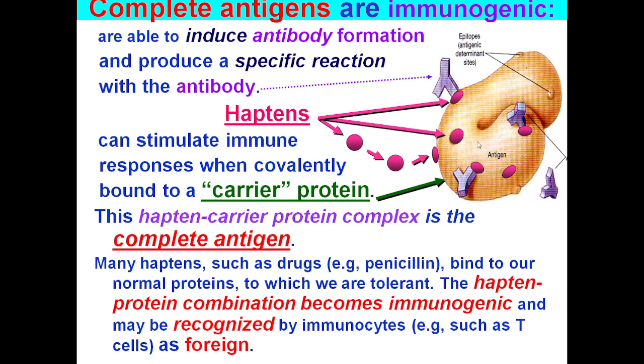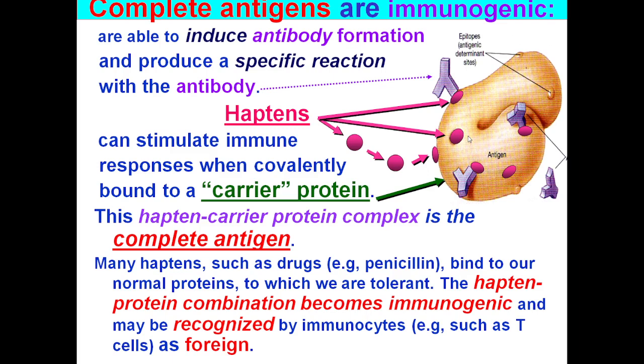It means a complete antigen may be produced if the carrier protein, this large yellow protein, is covalently bound to the haptens, and these covalently bound haptens on the surface of the antigenic protein serve as the antigenic determinant, meaning they transform to the complete antigen.